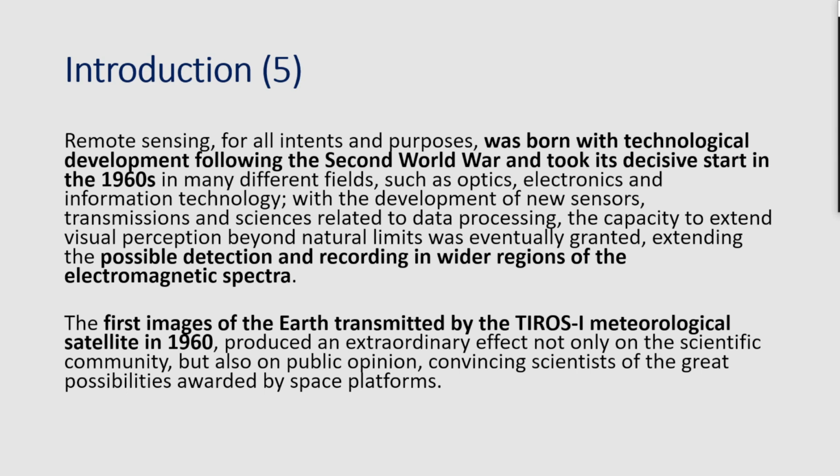The capacity to extend visual perception beyond natural limits was eventually granted, extending the possible detection and recording in wider regions of the electromagnetic spectra. The first images of the Earth transmitted by the TIROS I meteorological satellite in 1960 produced an extraordinary effect not only on the scientific community, but also on public opinion, convincing scientists of the great possibilities afforded by space platforms.